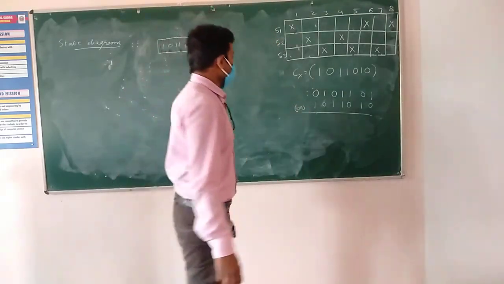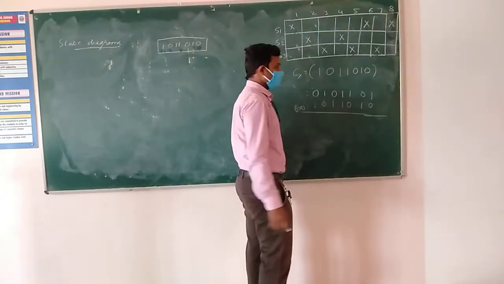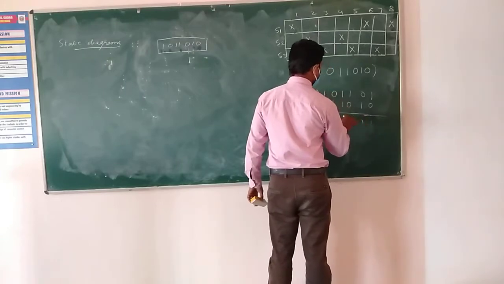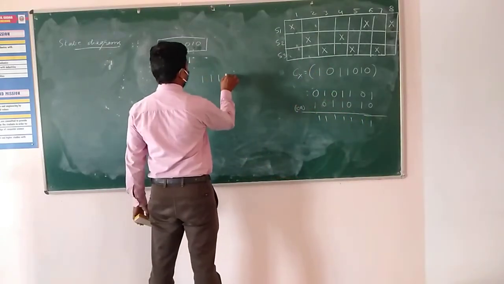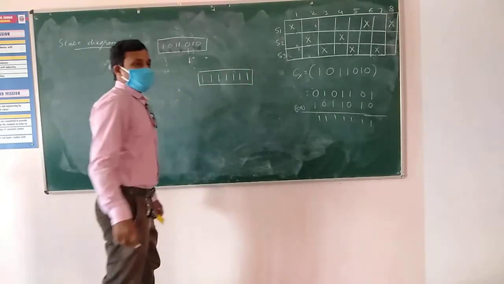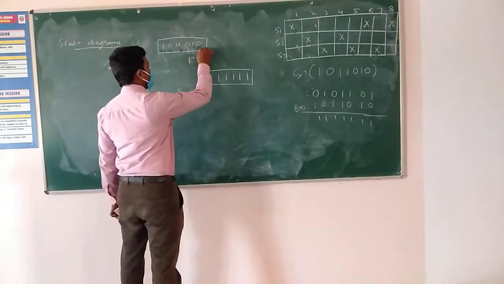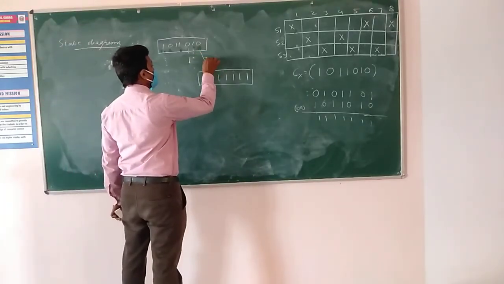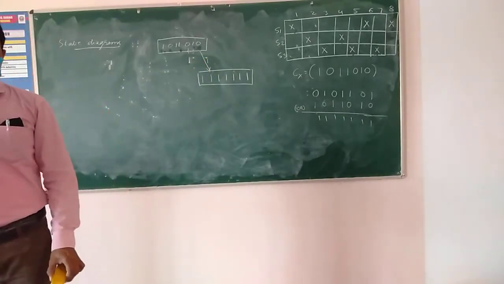When you perform bitwise OR operation, what do you get? This is the next step. And how did you obtain this state? By performing a right shift by one bit position. Right?